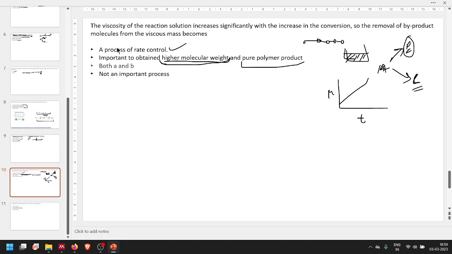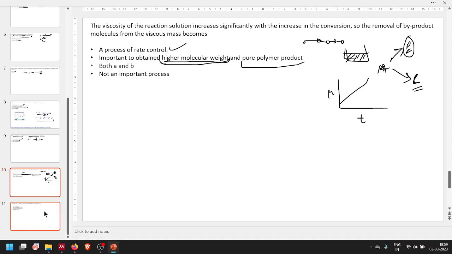So both A and B describe accurately how the removal of byproduct molecules from the viscous mass will result in the reaction solution significantly increasing in conversion.